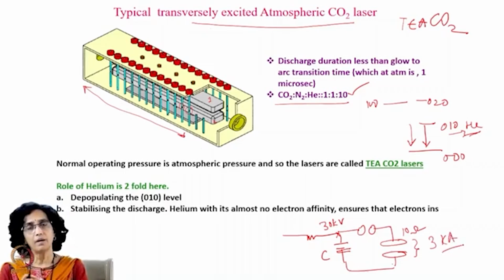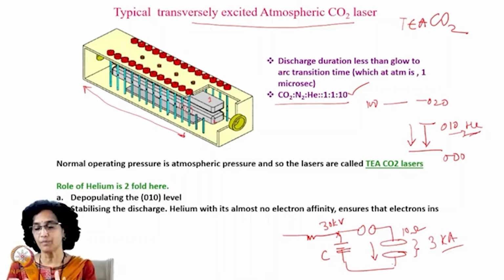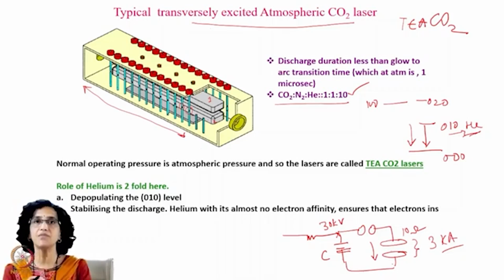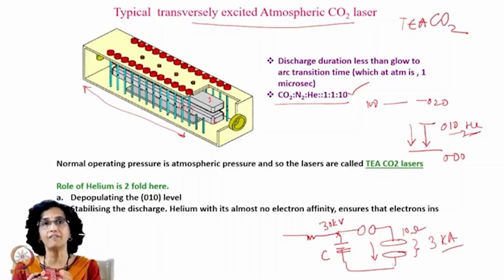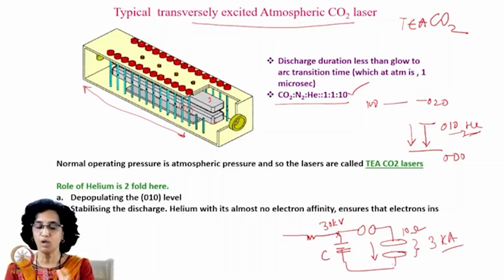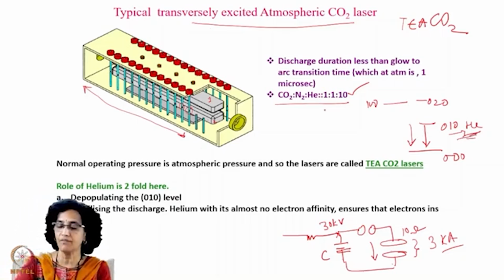So such large current flows through this, and therefore the dissociation of CO2 into CO and oxygen is also high, and therefore the presence of helium is very, very important so that the negative ion attachment doesn't happen. Most of the collisions of the electrons are with helium, and therefore we have a very large concentration of helium here.